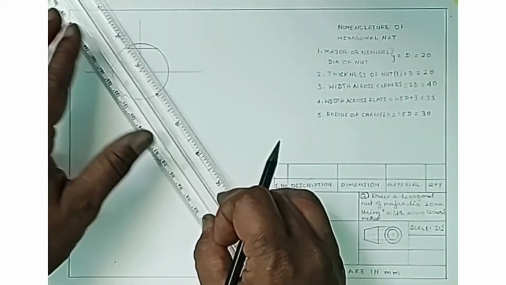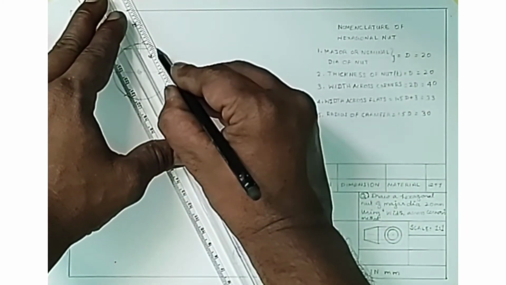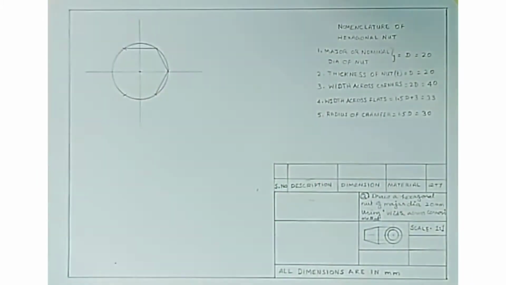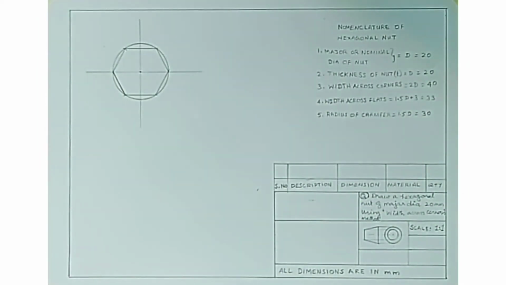One, and then connect these 2 points. So the required hexagon is ready.